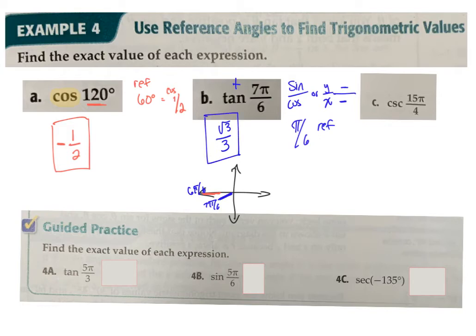Let's look at the last one, 15 pi over 4. All right, this is going to go around a couple times. If I talk about pi over 4, my pi over 2 is going to be 2 pi over 4, and my pi is going to be 4 pi over 4. What is 2 pi if I put it in terms of 4?